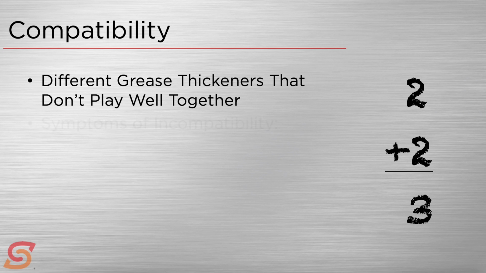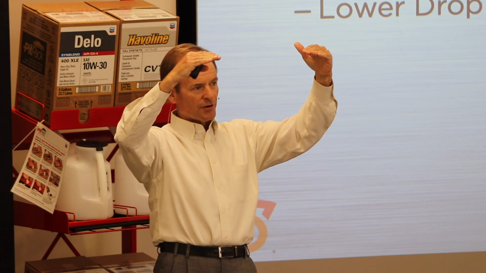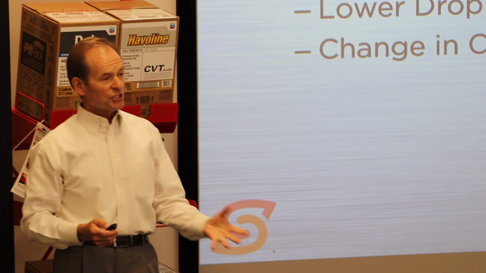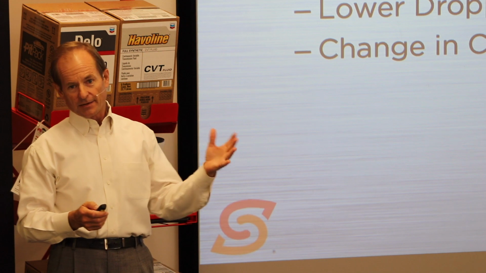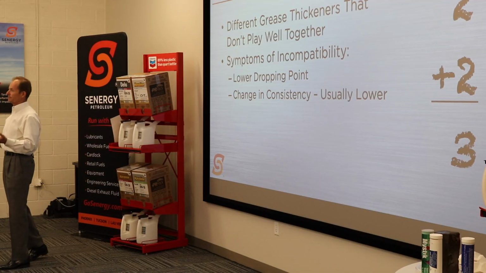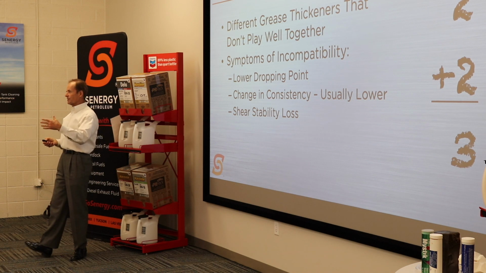The symptoms of incompatibility, or what happens with an incompatible set of greases, is one, your dropping point gets lower. Okay, you could have two greases, each one has a dropping point at 400. You mix them together, and now the dropping point is 180. Lower dropping point. A change in consistency. You got a couple of number 2 greases, they're incompatible. You mix them up, suddenly it's a 1.5 or a 1. So change in consistency. The loss of shear stability.